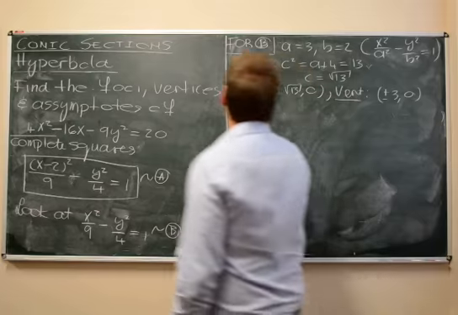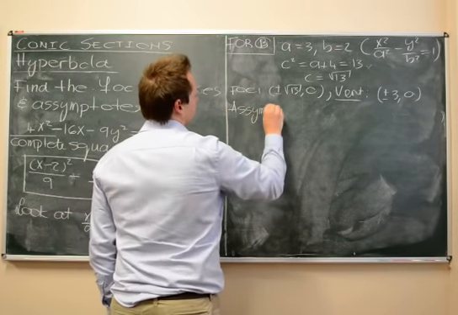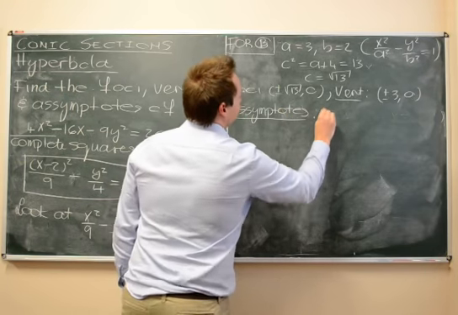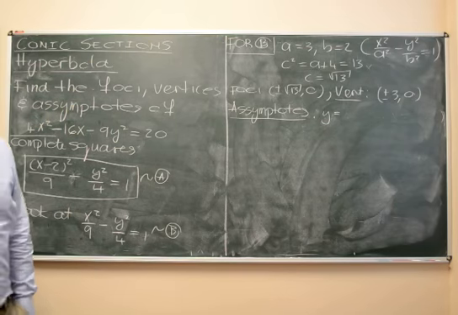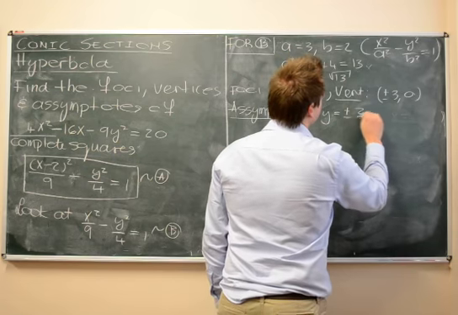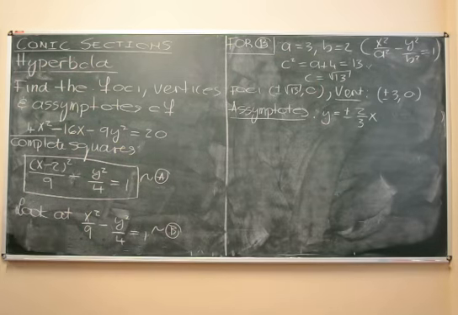And the asymptotes would be y is equal to plus or minus b over a x, so plus or minus 2 over 3 x.